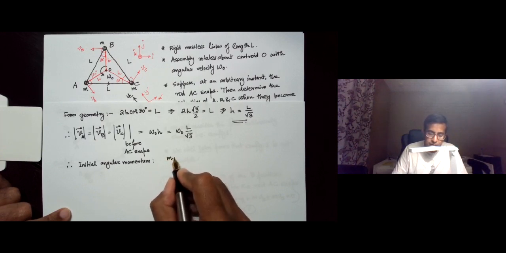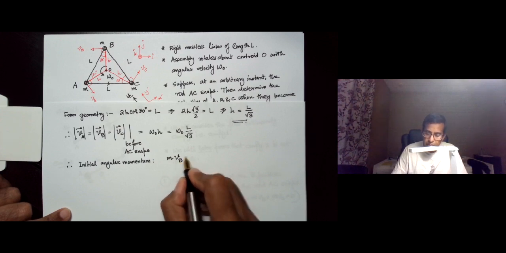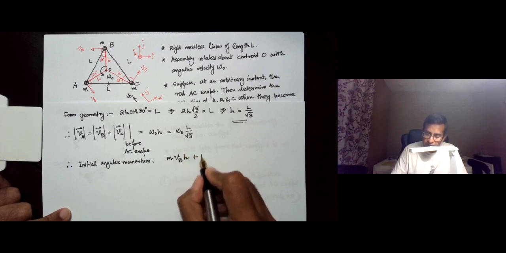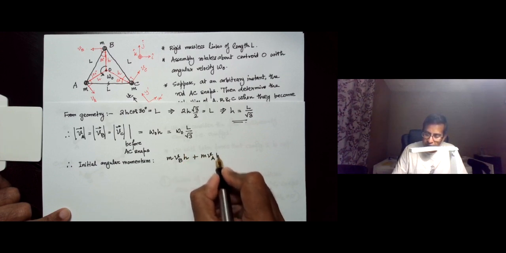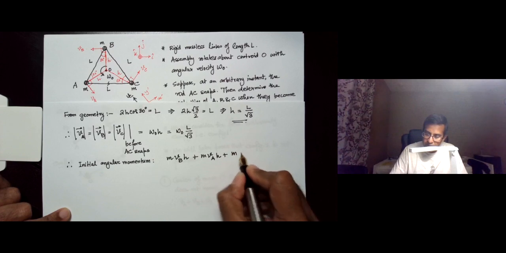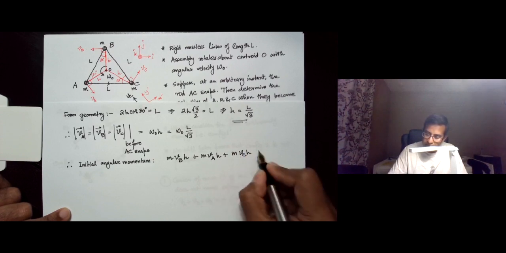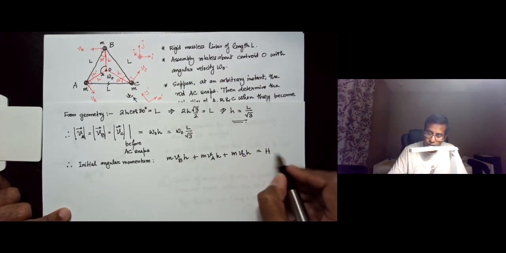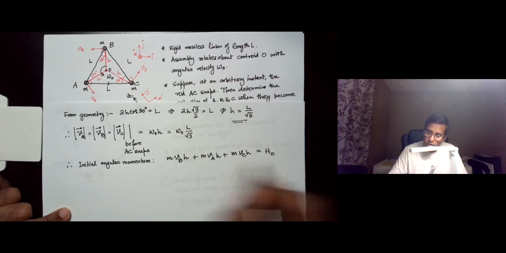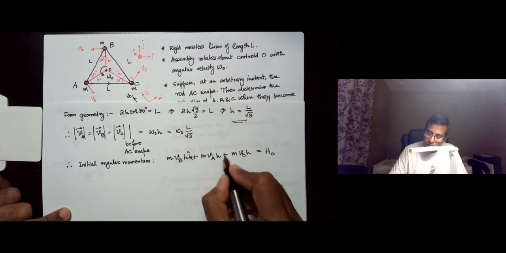And that is going to be m times Vb, that's the linear momentum, times the perpendicular distance from O, so that is h, plus m VA h plus m VC h, and this is equal to the initial angular momentum about O, and these are all going to be in the k direction.